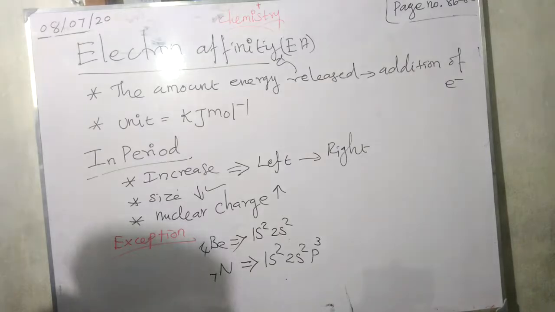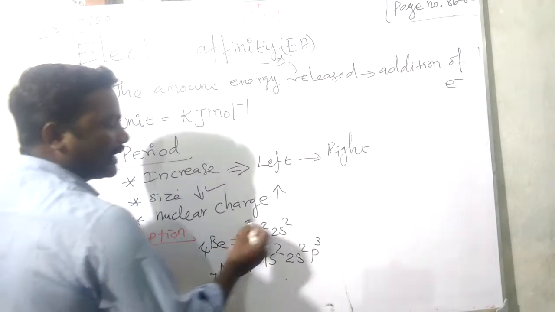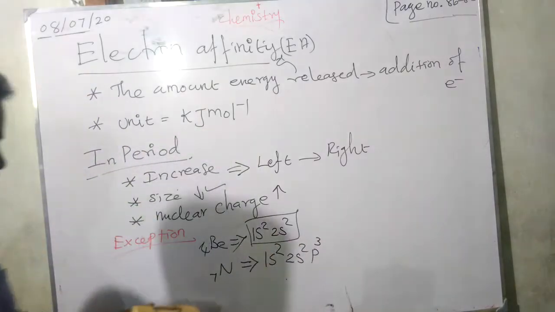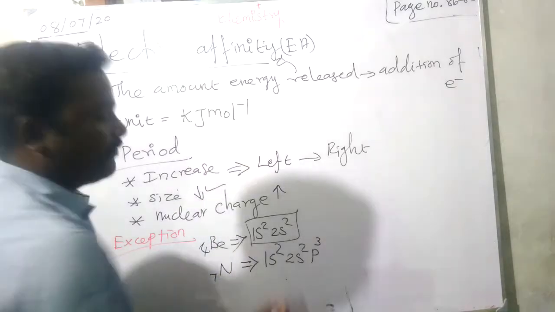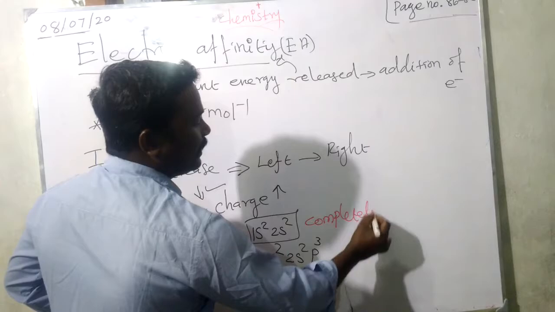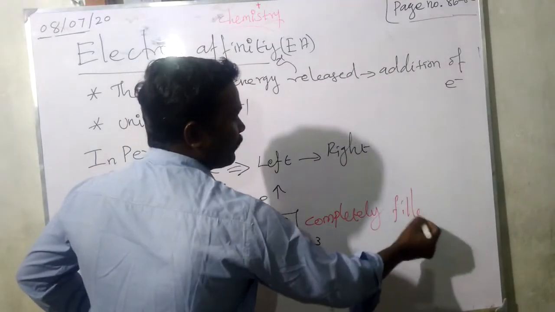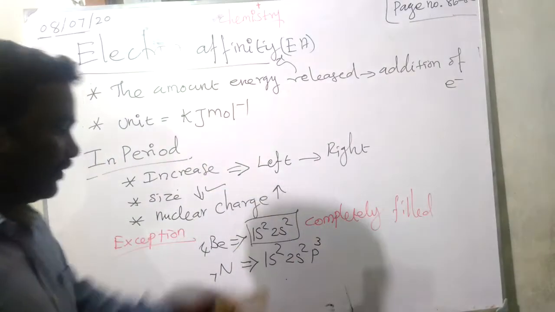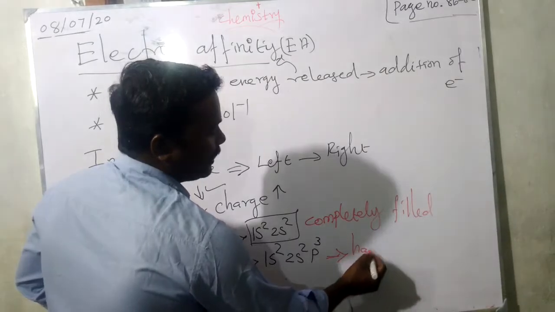So we have written the electronic configurations of beryllium and nitrogen. Which has a completely filled electronic configuration? The 2s orbital is completely filled in beryllium. In the same way, we can see in nitrogen a half-filled nature.